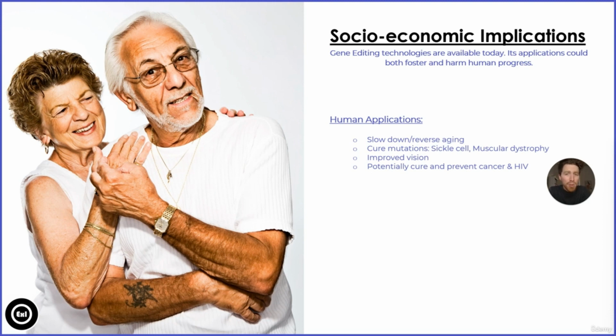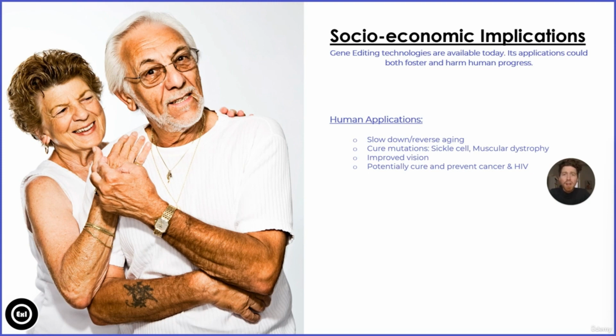It also has the potential to cure and prevent cancer and HIV. As you will see later on in this module, in an article I'm going to present to you, a Chinese scientist was already working in the field and used gene editing and CRISPR-Cas9 to prevent HIV.